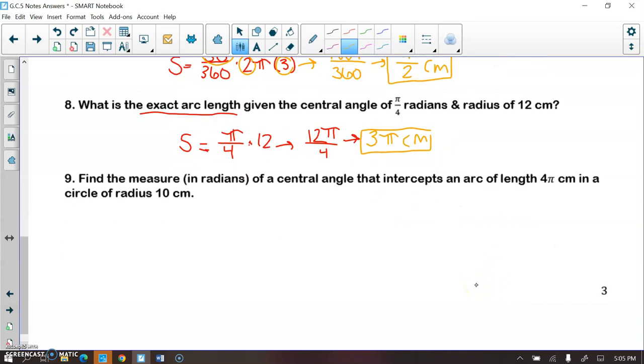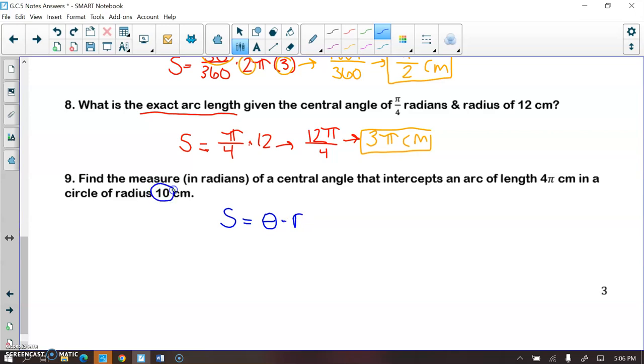All right, this time we're going to find the measure of our arc in radians given that our arc length is 4 pi and our radius is 10. So the arc length formula for radians is S is equal to your radians times your radius.